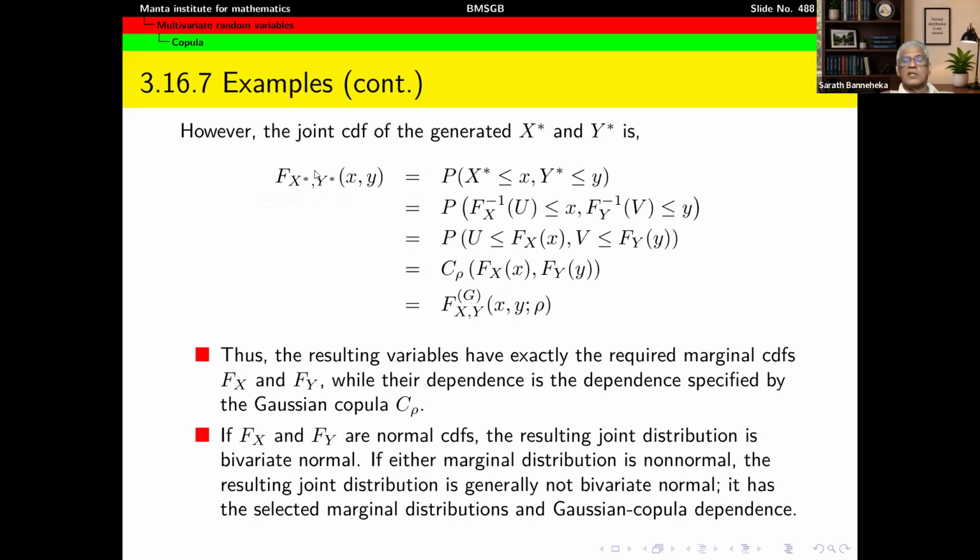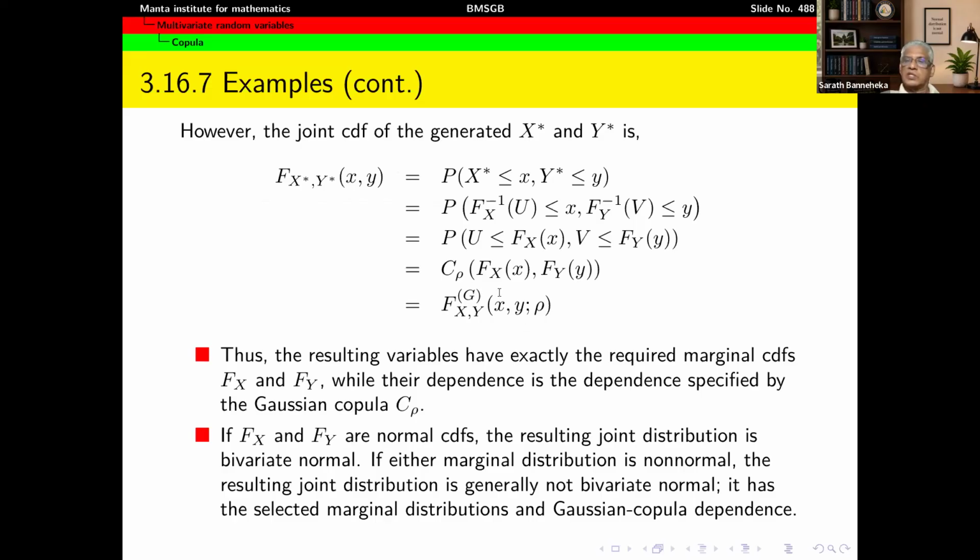On the other hand, the joint CDF between x and y, we can get the expression, it is not equal to the actual joint CDF between x and y. Actual joint CDF is fxy. There is no C or G here. G, instead of C, I have written down here to show that it is the Gaussian.